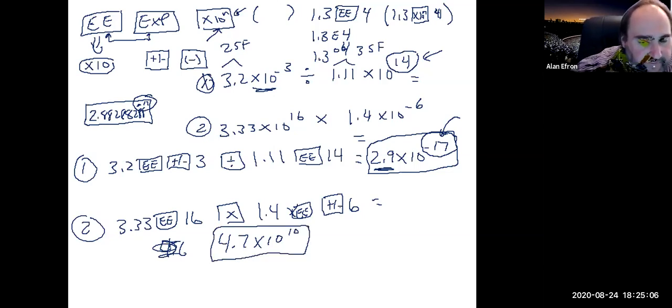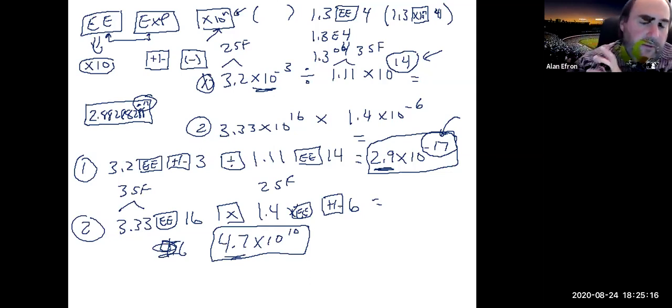Again, for significant figures, 3 sig figs here multiplied by 2 sig figs gives us 2 significant figures for the answer.